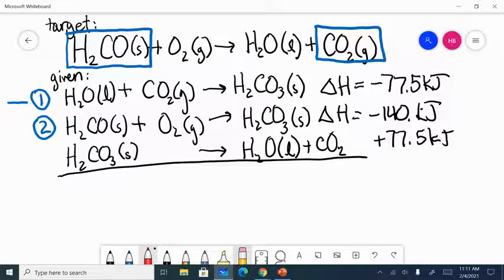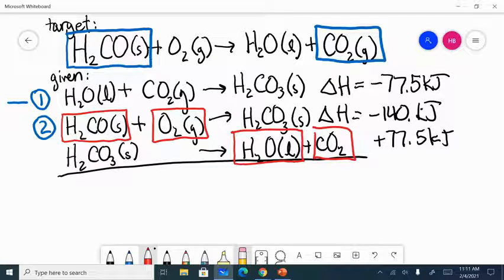So now I'm going to go through and be like, okay, where am I at? I have H2CO where I need it. I have O2 where I need it. I have H2O where I need it. And I have CO2 where I need it. I also have H2CO3 in the reactant side and H2CO3 in the product side, both with a coefficient of 1 so that they cancel.